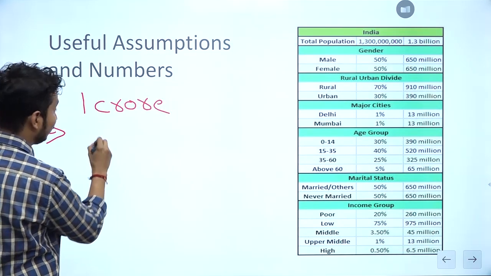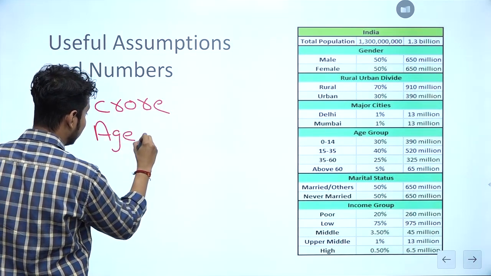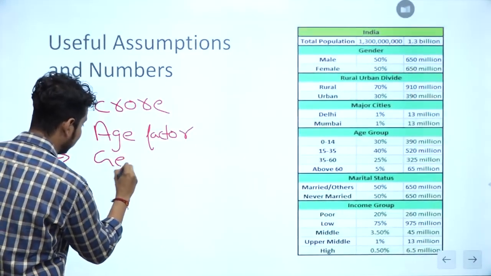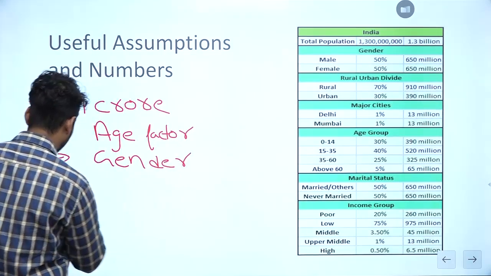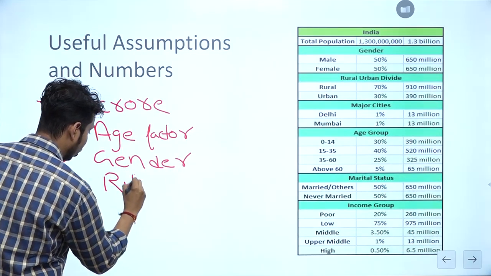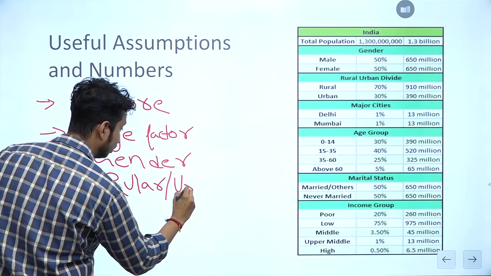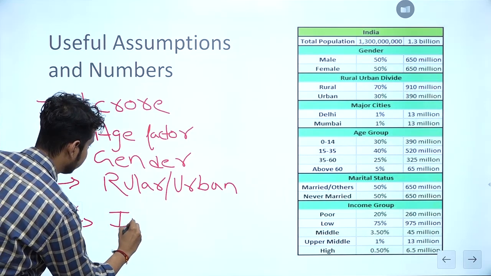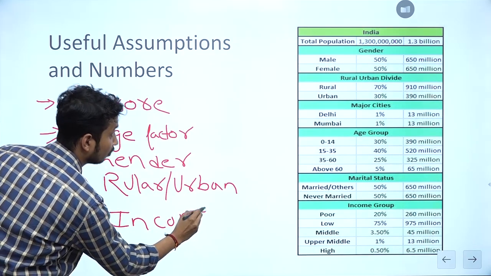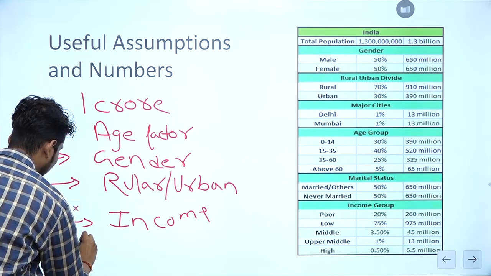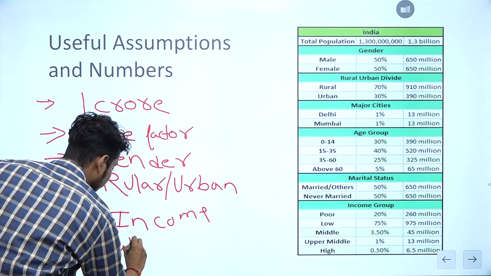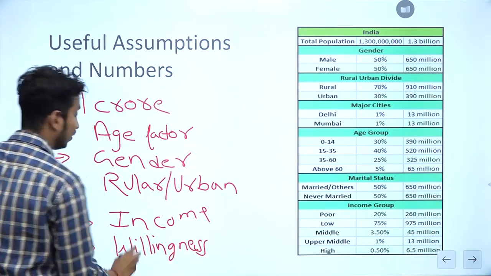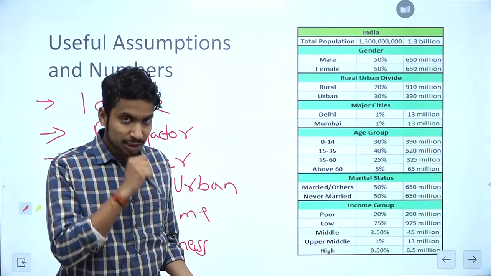Then I have the age factor, the gender factor, rural urban, income, and last is willingness, whether a person is willing to smoke a cigarette or not.